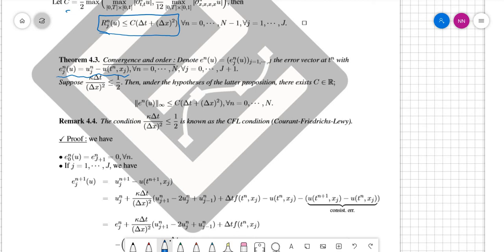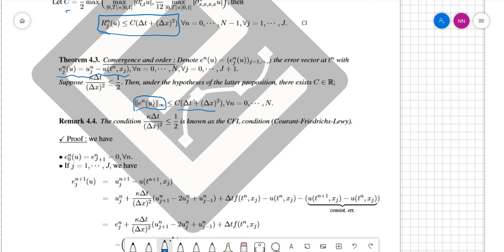Okay, and then we can prove, and we'll do it right now, that the norm infinity of e_n, and when we say norm infinity, we are talking about the space L infinity in the space variable, because it's for a fixed time t equal to n. We can prove that the error in norm infinity is also less than C times delta t plus delta x squared. So it's a first order in time, second order in space.